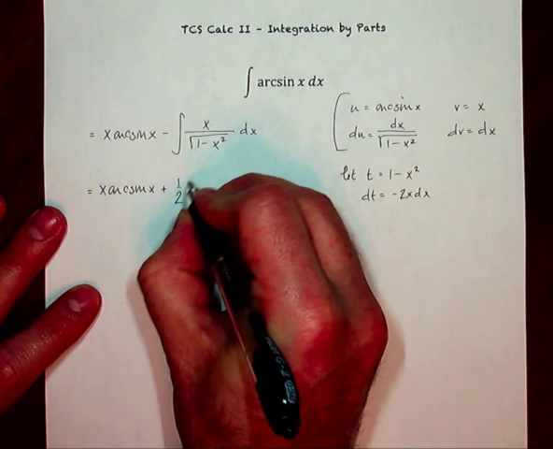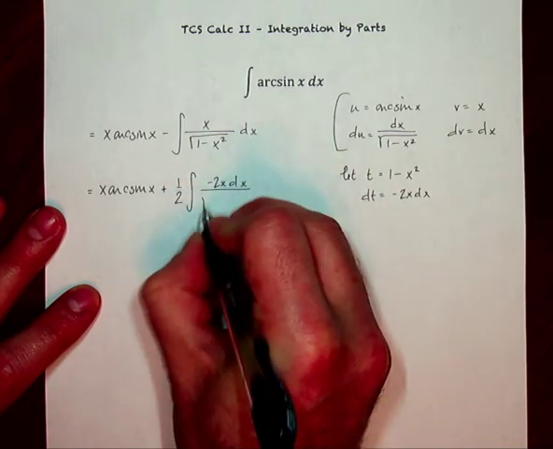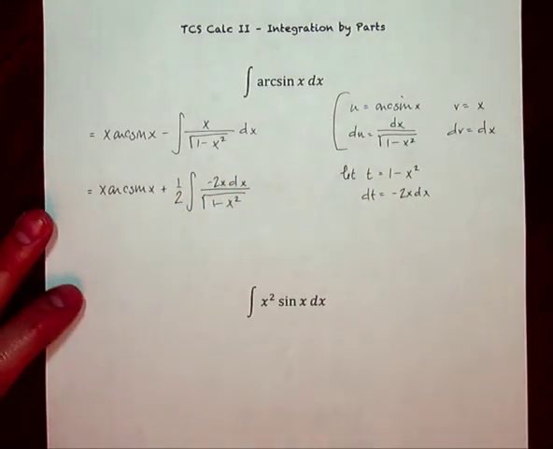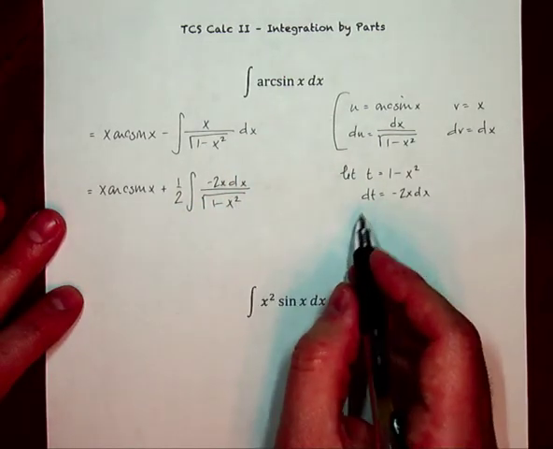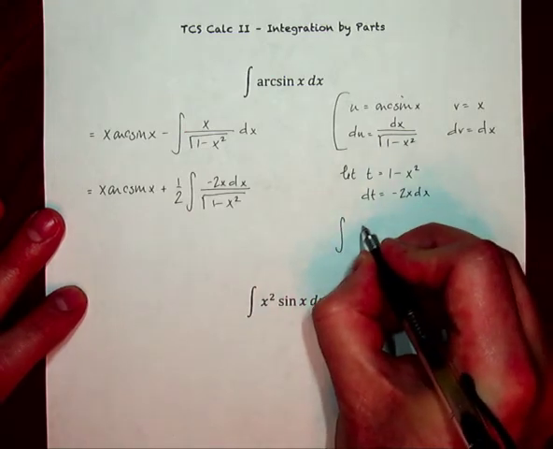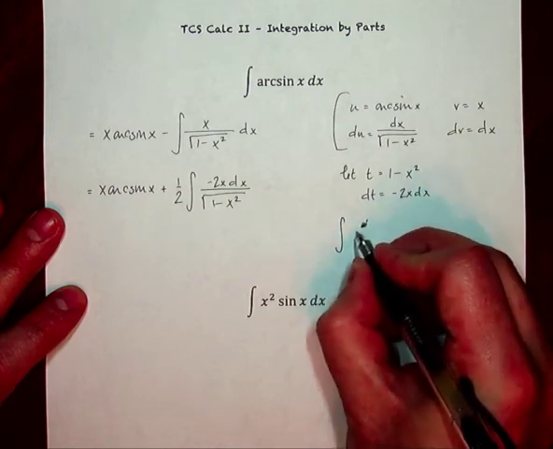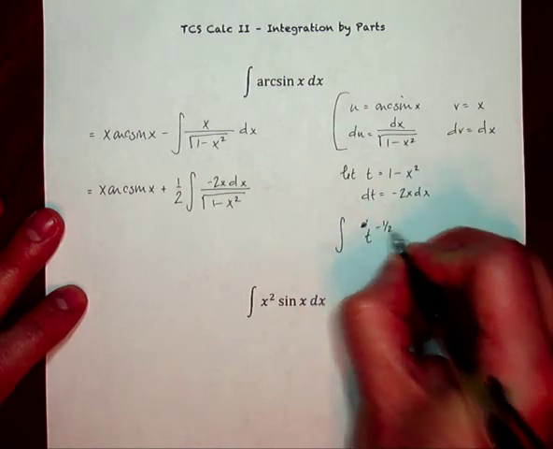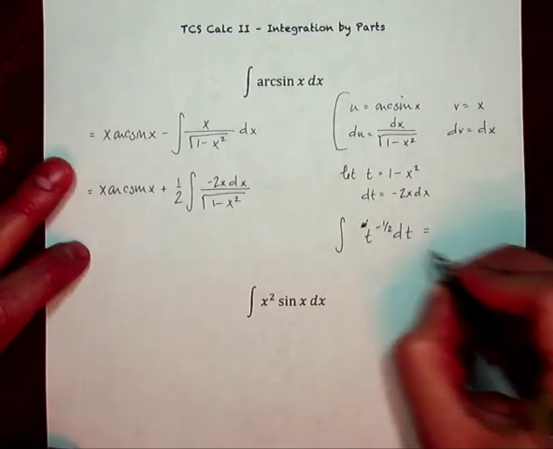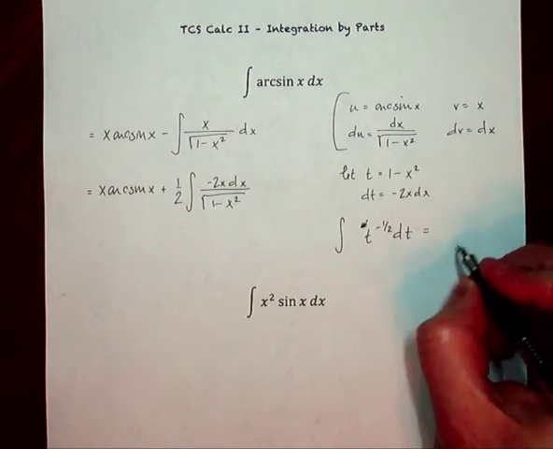So what happens here is I get that, okay? Go ahead and do a little u sub. I know that if I'm integrating, that's going to be t to the negative 1/2 dt. And when that happens, I know that basically I'm going to get t to the 1/2 over 1/2, right?